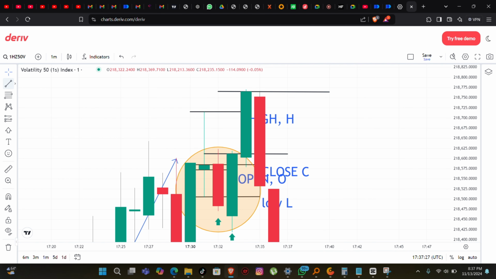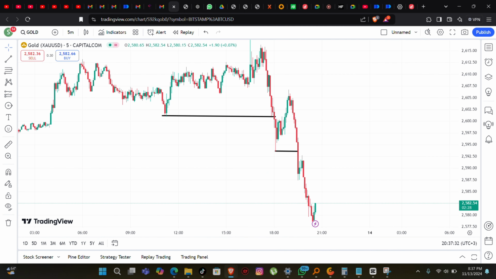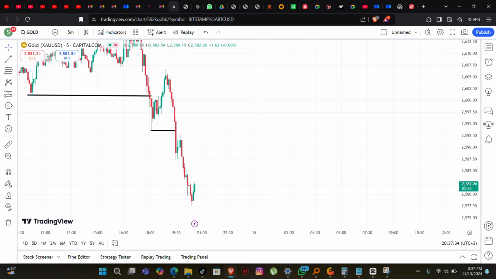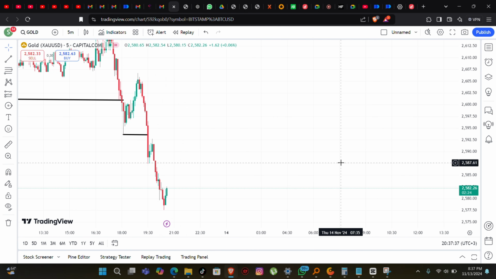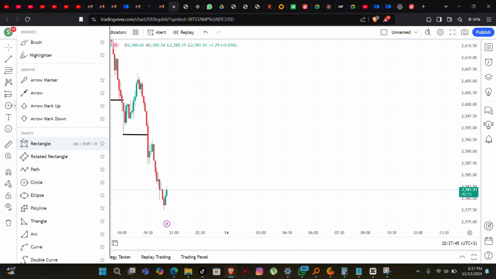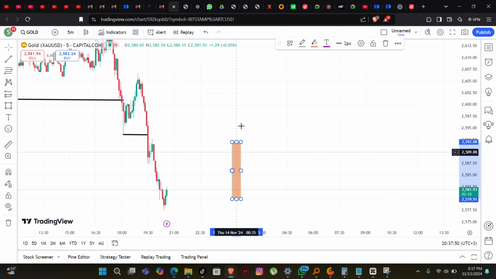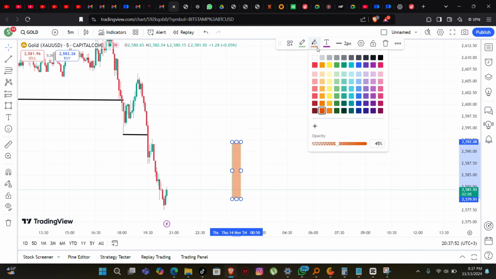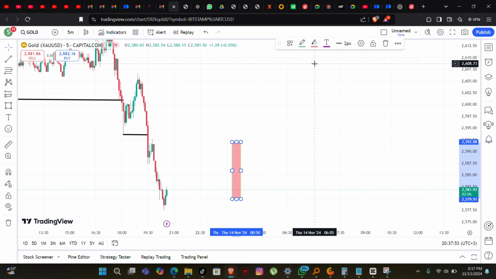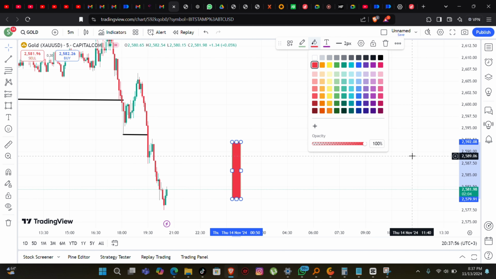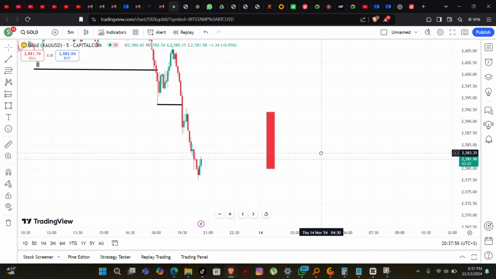So now, guys, let me go back to my other trading view here. This is my other trading view. I want to draw for you a bullish engulfing. So a bullish engulfing, you will have one candle forming like that. The first candle that forms is a red candlestick like this.